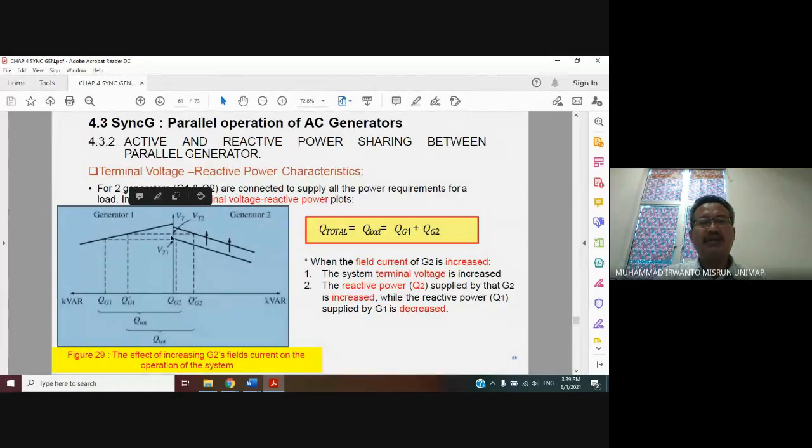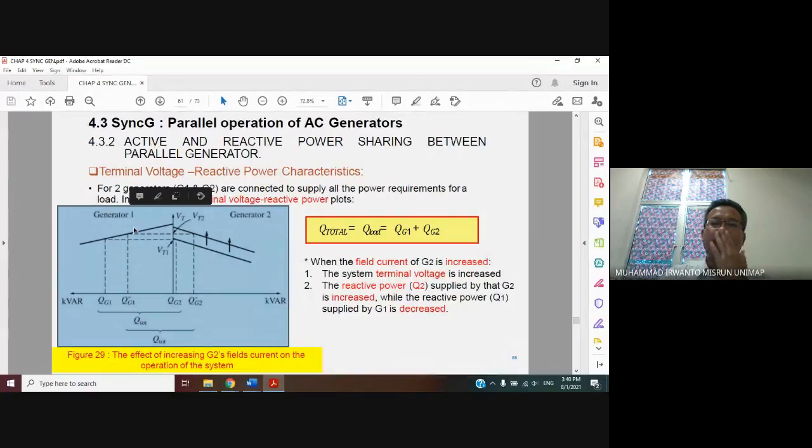So the vertical axis is terminal voltage and the horizontal axis is reactive power. The left side is for generator 1 and the right side, separated by the vertical axis, is for generator 2. These two generators operate together and will maintain the total reactive power.